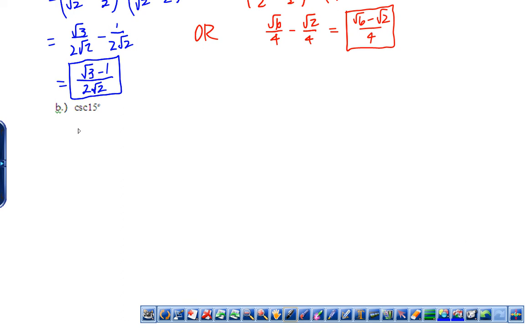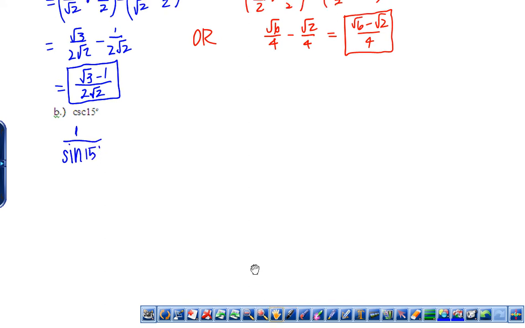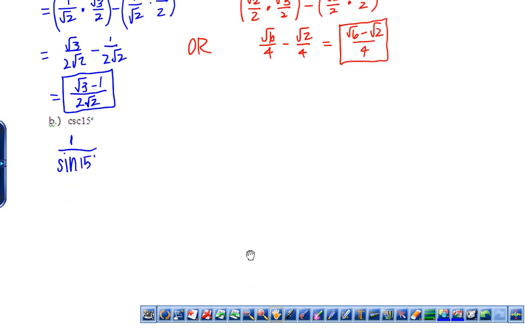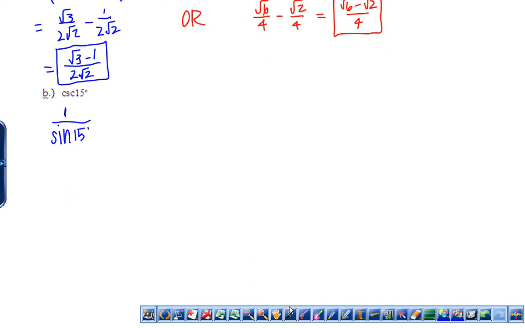Well, we could rewrite cosecant as 1 over sine of 15 degrees, couldn't we? And we just found sine of 15 degrees. So we should be good to go. If we just found sine of 15 degrees, then we can rewrite this as 1 over. So we can take either one of these answers depending on which one you like.